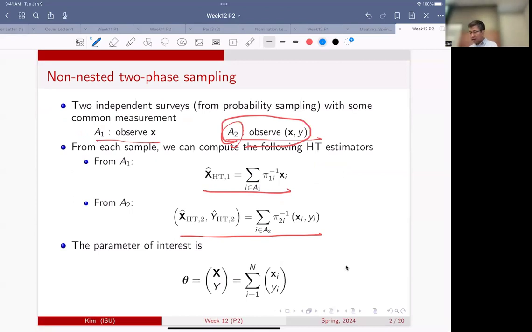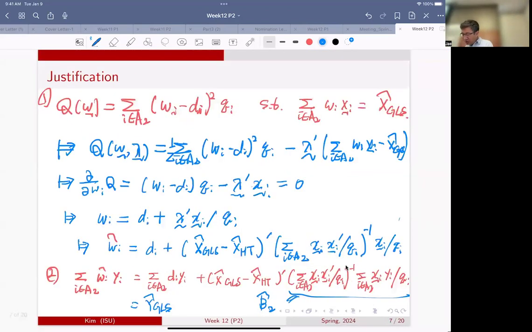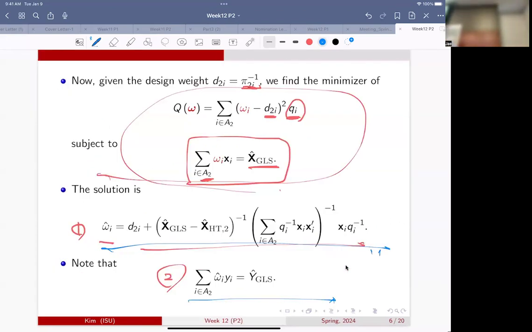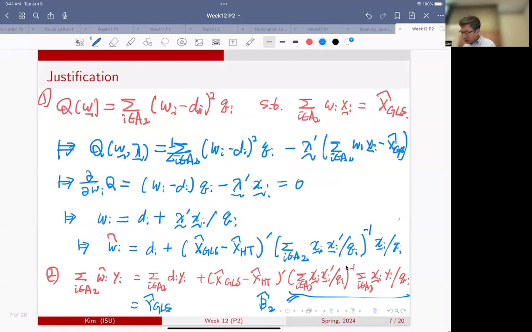So that basically solves the problem. The only potential extension would be how we can avoid negative weights, right? That's a natural thing to consider, but I'm not going to cover it here.